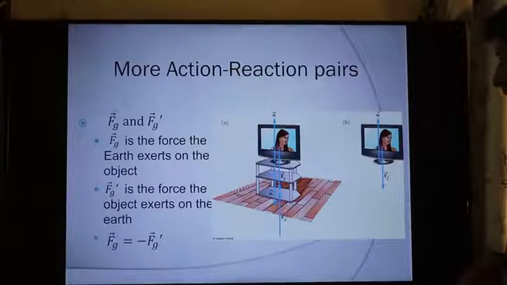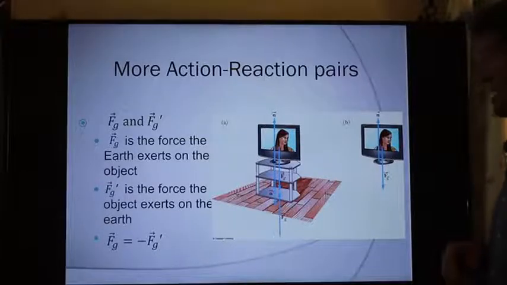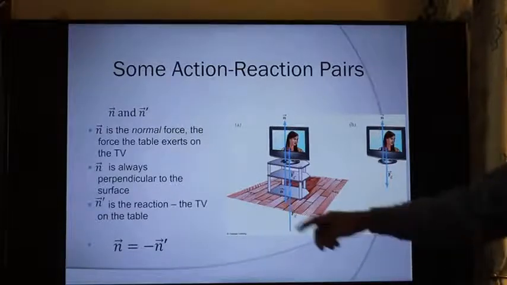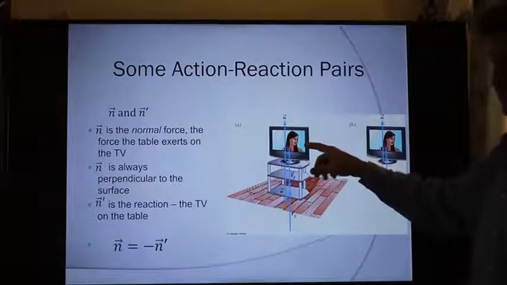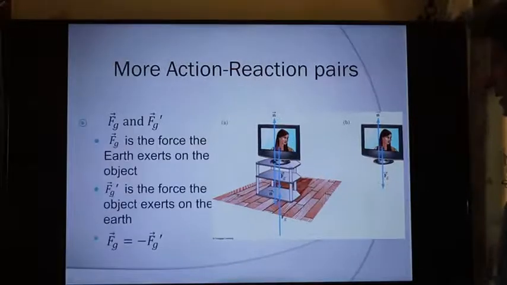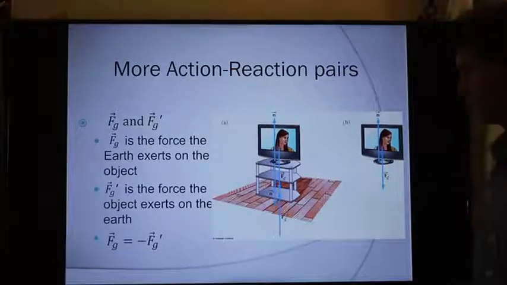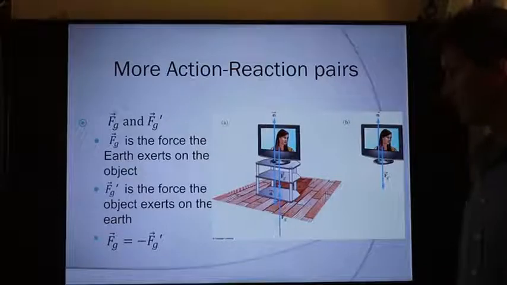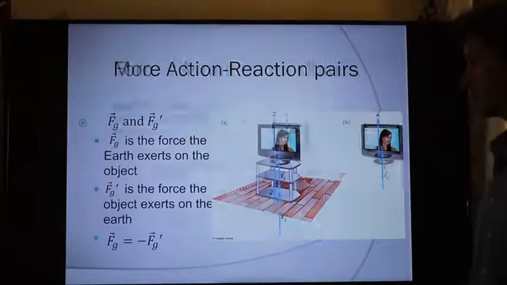So again, we have a few different action-reaction pairs. We have the normal force of the table pushing on the television, the normal force from the television pushing on the table. And here we have the weight of the television pushing down on the table, and the reaction force, which is actually the normal force pushing back up.